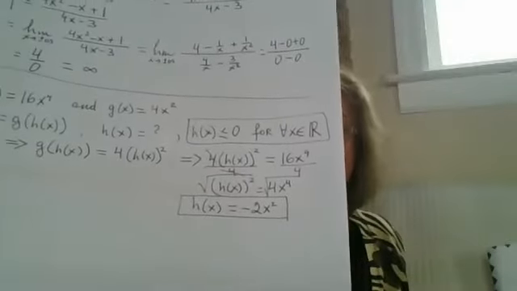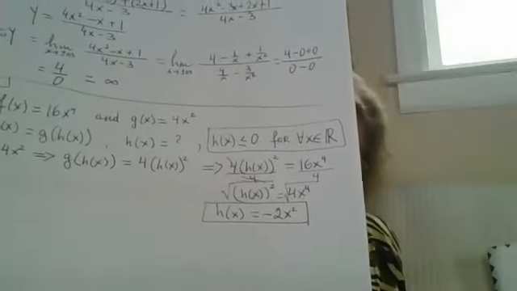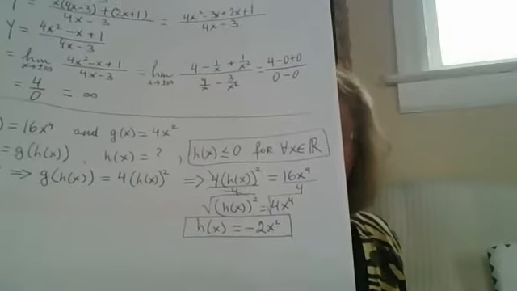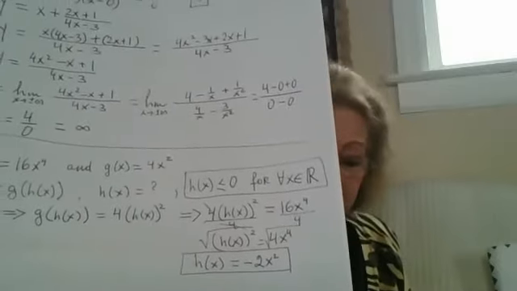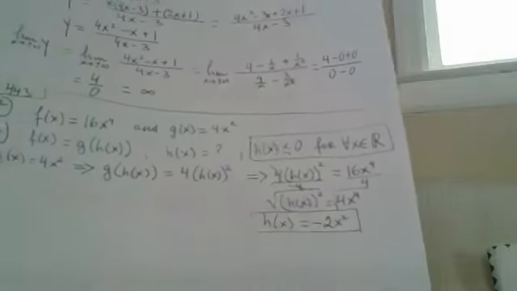What would be the square root? Is it x squared? Yes. And voila, magic, we have a formula for h at x. It is equal to negative 2x to the second power.